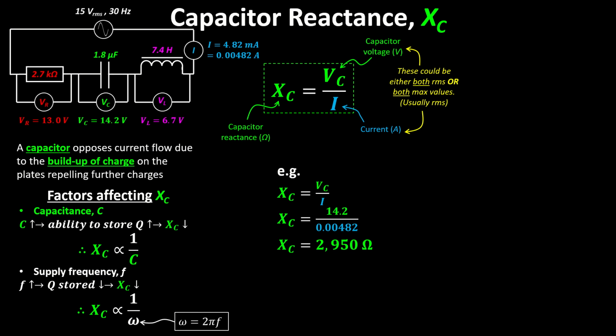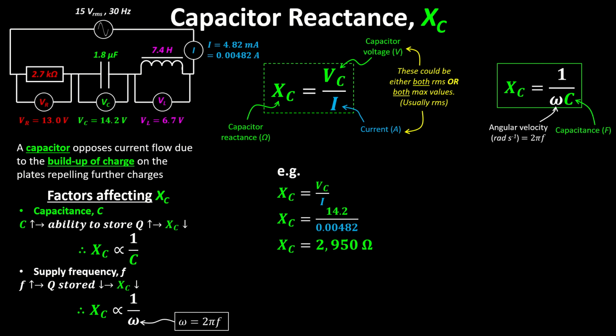We can put those together into a formula for capacitor reactance: the capacitor reactance is 1 over omega C, where omega is the angular velocity, which is 2 pi f in radians per second, and C is the capacitance in farads. If we use that formula, we get the capacitor reactance in ohms.